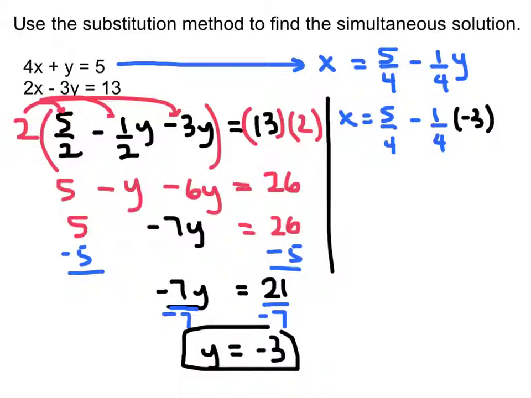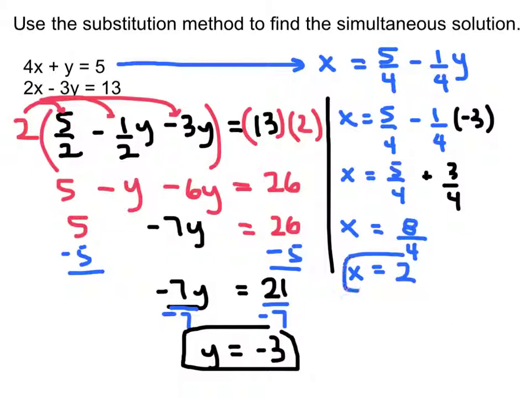And if we simplify just a little bit more, we get 5/4 plus 3/4. Noticing that they both have a common denominator of 4, that leaves us with adding across the numerator. 5 plus 3 gives us 8, keeping that denominator the same. And 8 over 4 is really just 2. So now we have our x value of the system.